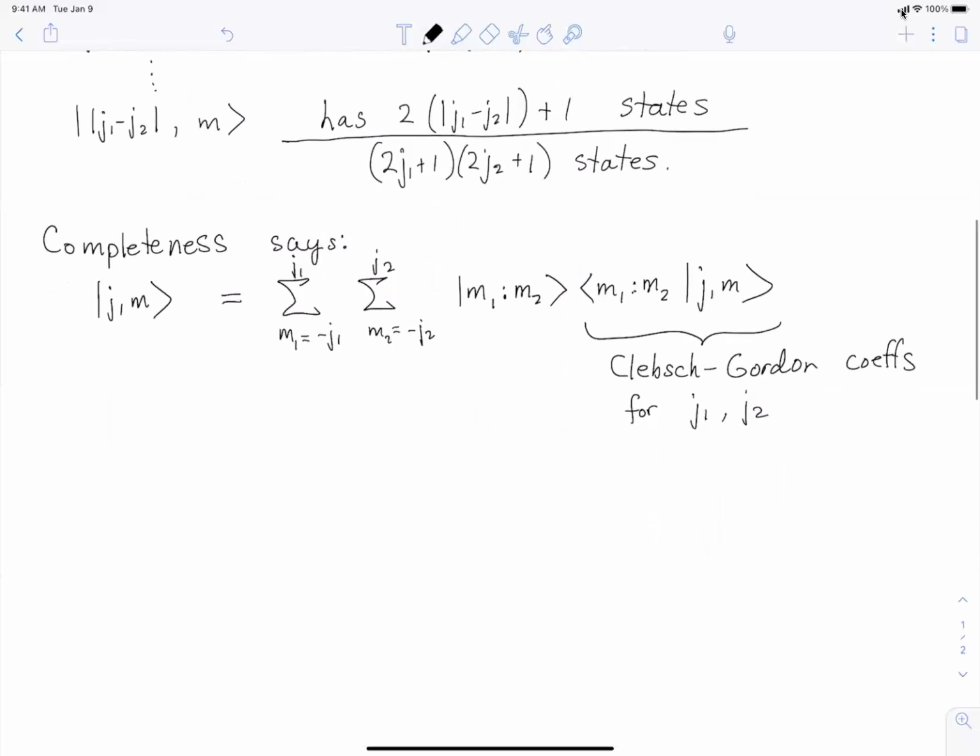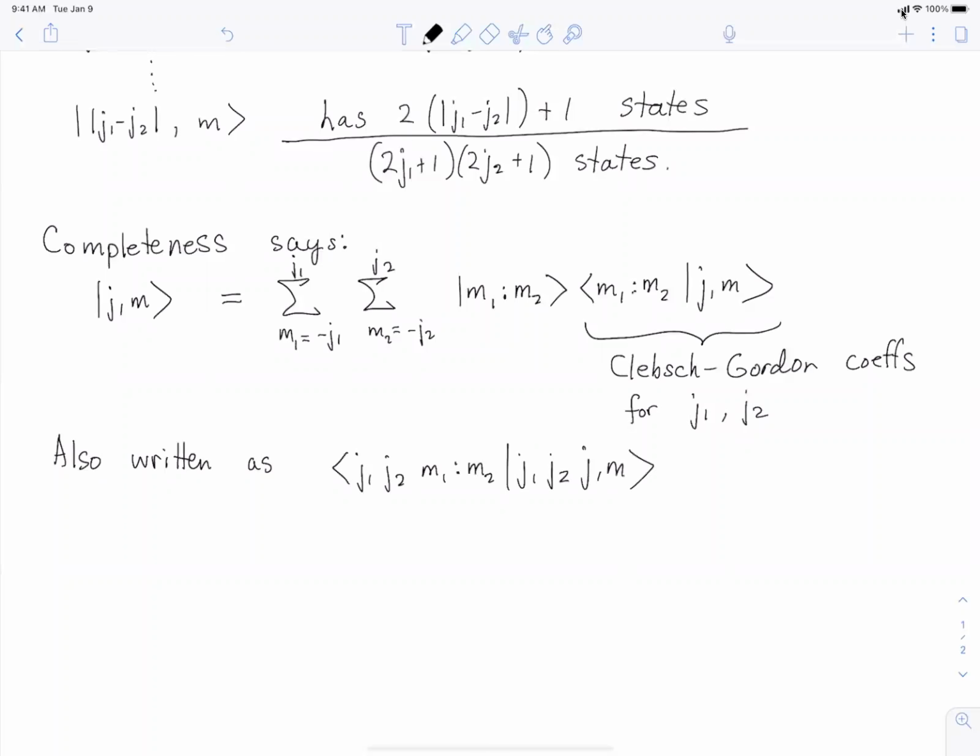So you can also write these, and depending on what book or source or table you look them up in, they might be written like this, where they explicitly tell you what the J1 and J2 are as part of the label of each state. Okay, but they're actually the same for both. That's why it's okay to leave them out. Okay, but those are your Clebsch-Gordon coefficients, and tables of these exist.